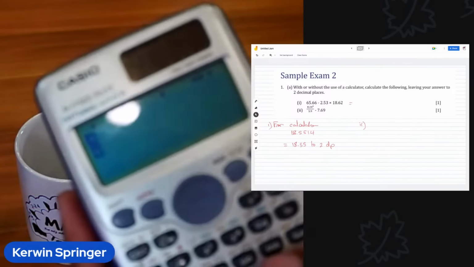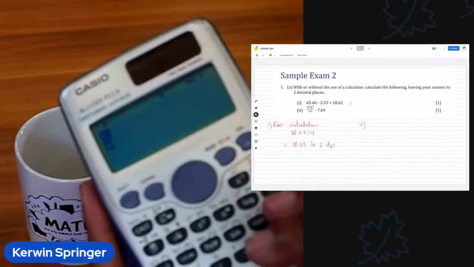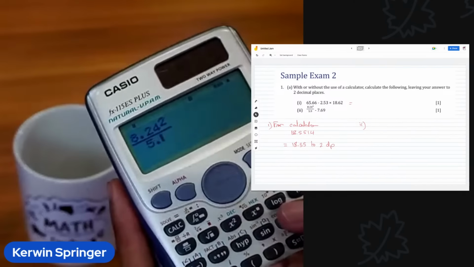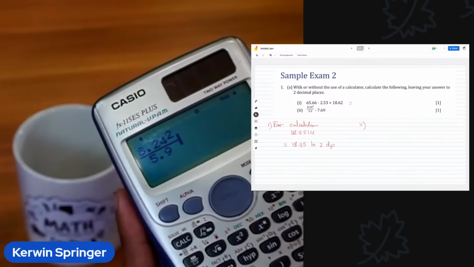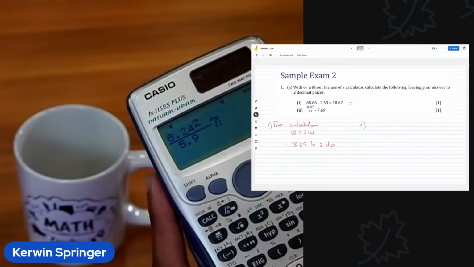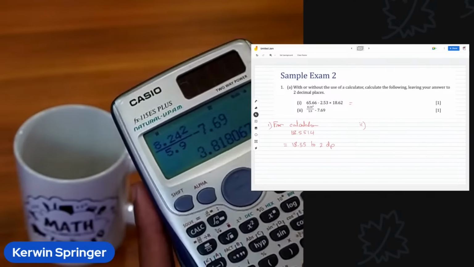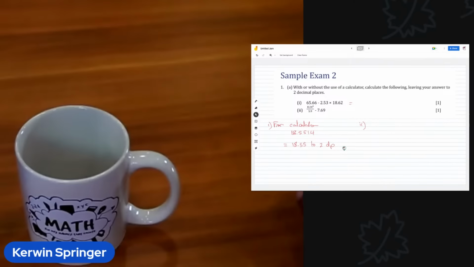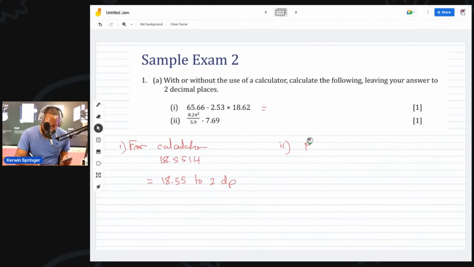Let me jump back in the calculator here. 8.24 squared over 5.9 minus 7.69, and we get one long number. From the calculator, I got 3.8180677797.